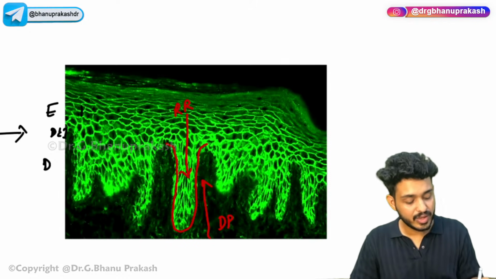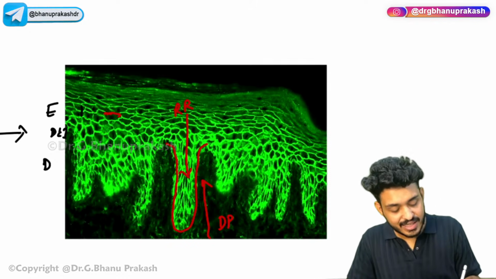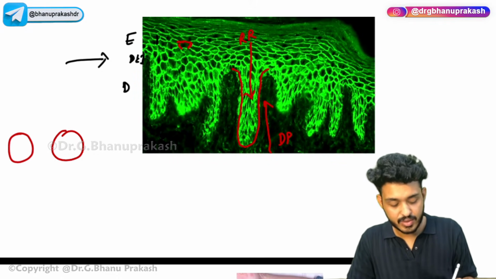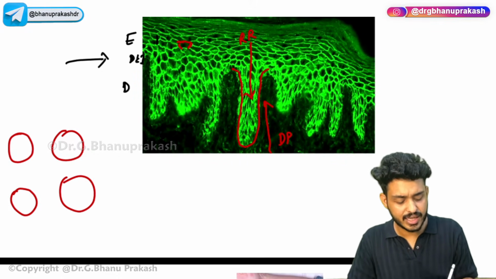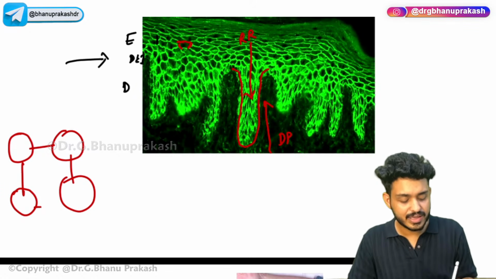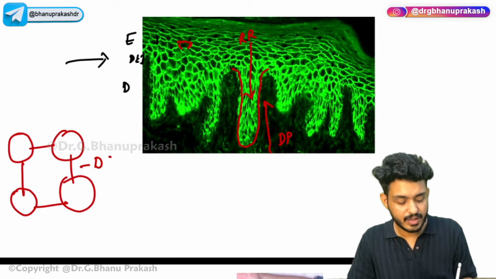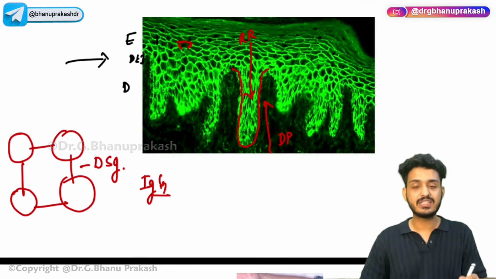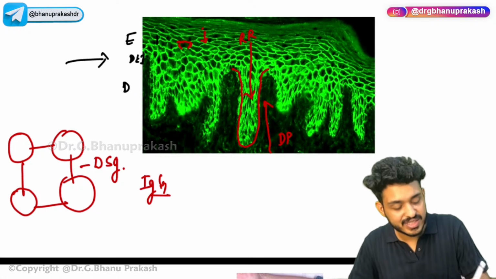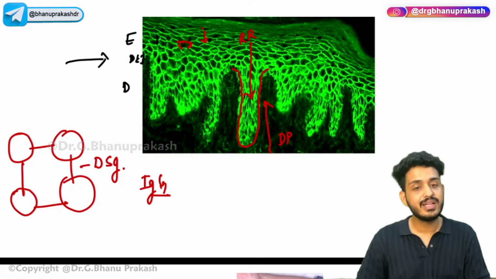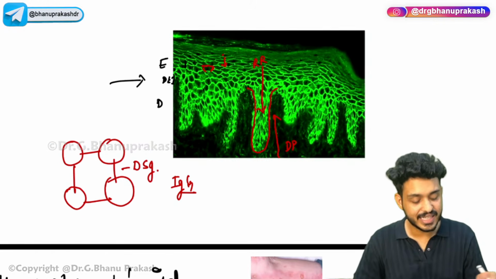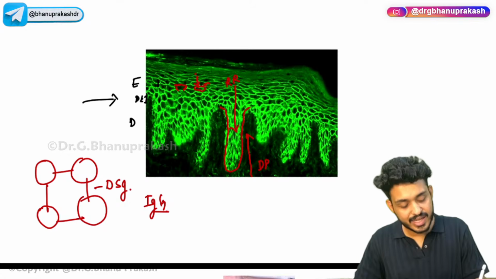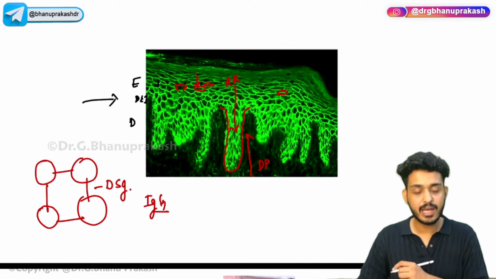Okay, now what is happening? You are finding these are nothing but your keratinocytes. Look here what is happening. So this is a keratinocyte, another keratinocyte. These are all keratinocytes. They are bound together with the help of desmosomes, desmoglein. Now what is happening? Some antibodies are formed against this desmoglein, and this is the antibody which is giving you this type of appearance. This is the immunofluorescence that we are seeing, and this is because these are all keratinocytes binding together with the help of desmosomes.